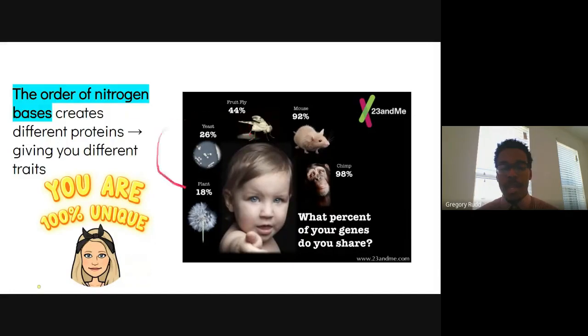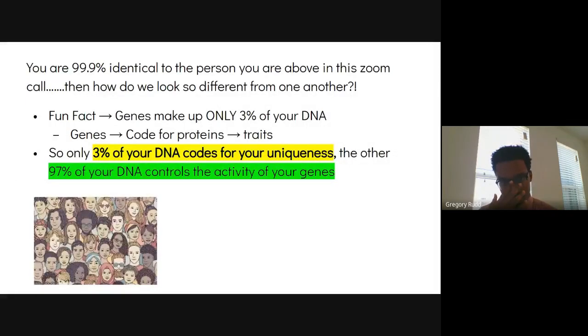But even something like a plant, which obviously we would not really draw similarities to, we still have 18% of our genes in common with plants. It's quite a bit. Okay.